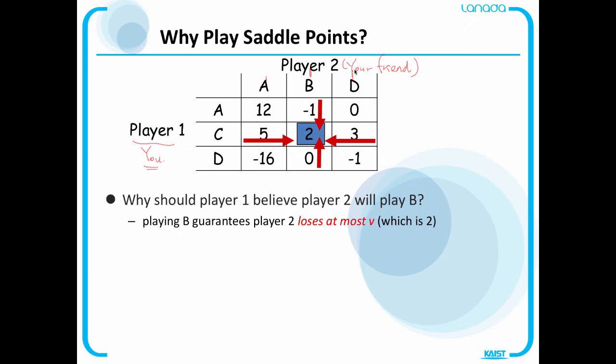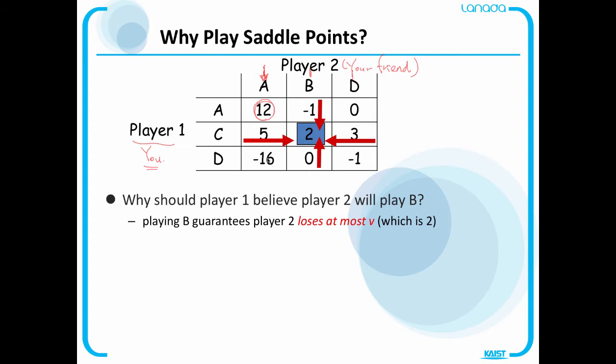Probably playing B guarantees that player 2 loses at most V. It's like a minimum loss in some sense. If your friend chooses A, what is the maximum loss they will experience? That should be 12, right? Remember, player 2 tries to minimize that.